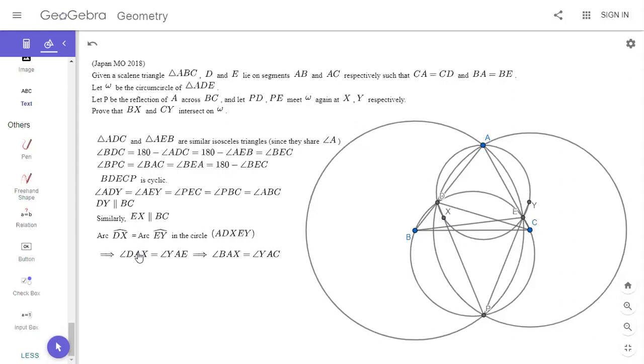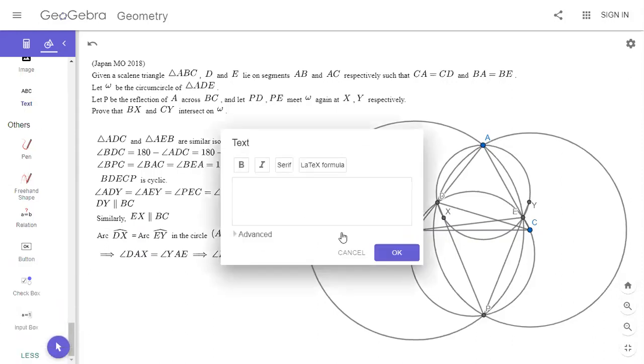But let's try to use ratios. So it's just ratios from here. So AB over AX is equal to AB over AE, which is equal to AC over AD, since the triangles are similar, which is equal to AC over AY.